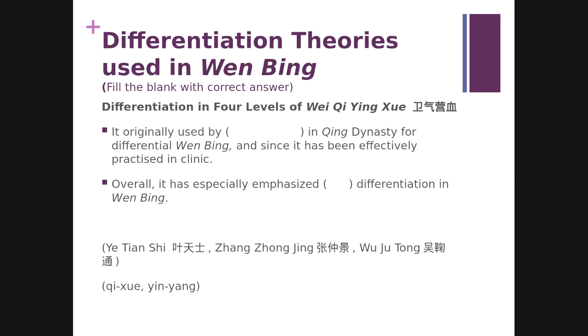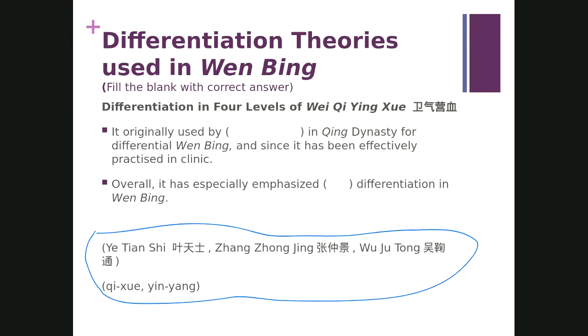Differential theories using Wenbing. This we discussed and consolidate today, about the four levels. These four levels concept we learned in diagnosis and in pathology. So today is the third time we discuss these theories from different perspectives. This specific concept originated from Ye Tianshi, who created and constructed the complete theory of four levels differential diagnosis in the Qing dynasty, which is a specific further development of the broad concept of Shanghan.